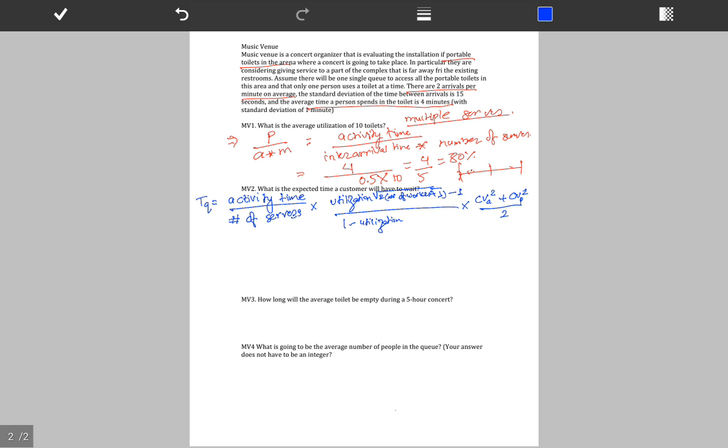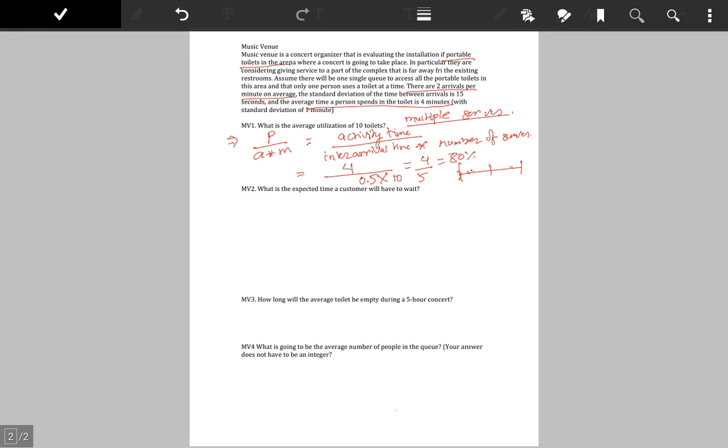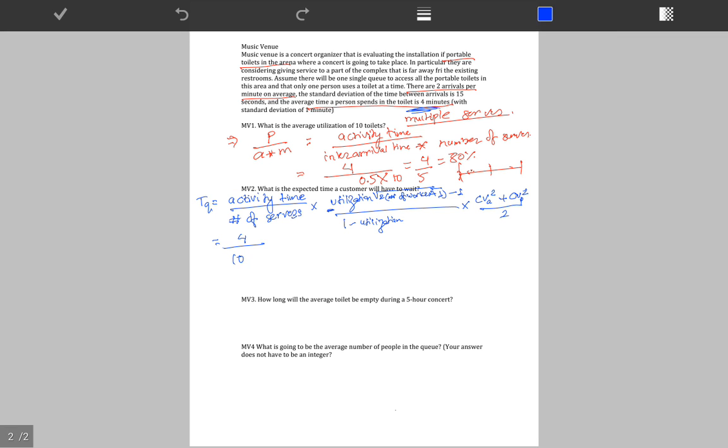Well, the first thing we need, we already calculated: utilization U. Activity time is obvious, it takes 4 minutes for each person to get service from the toilets. Number of servers is 10, this part is easy. The second part is fairly straightforward again.